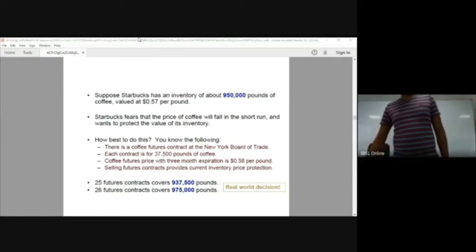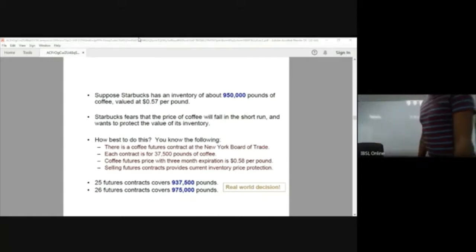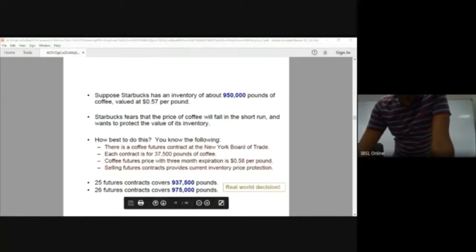Starbucks has an inventory of about 950,000 pounds of coffee valued at 57 cents per pound. They fear that the price of coffee will fall in the short run and want to protect the value of this inventory. So let's see what can be done.